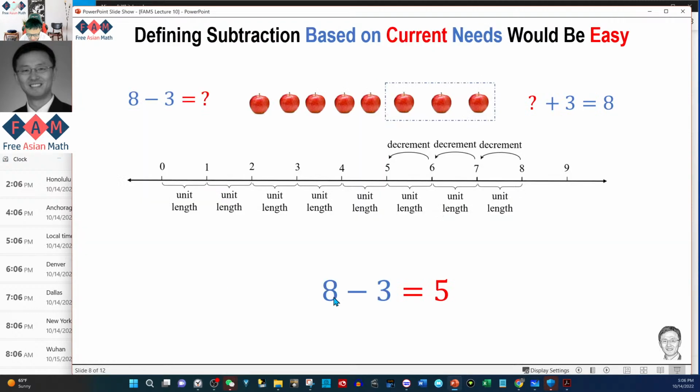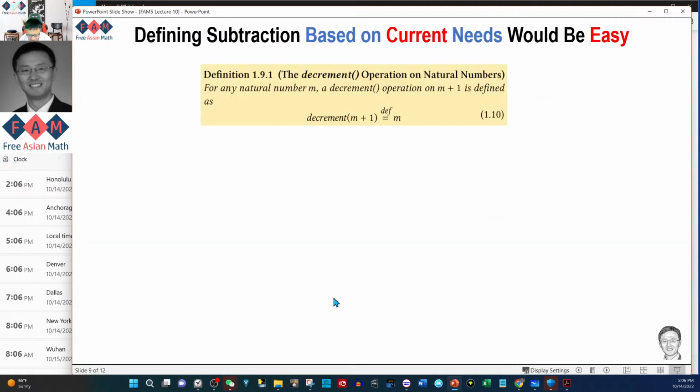So once we have understood this, the definition of this decrement operation is very clear. Because we want to prevent the awkward case of decrement on 0, our decrement operation is always based on m plus 1. So the smallest case would be m is 0, right?